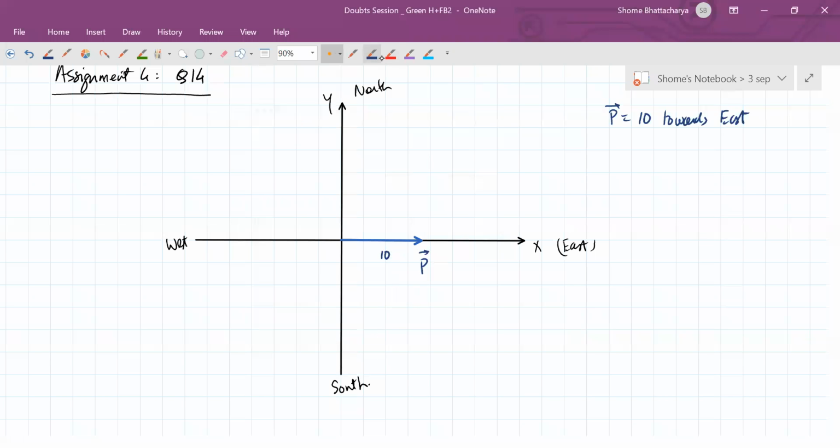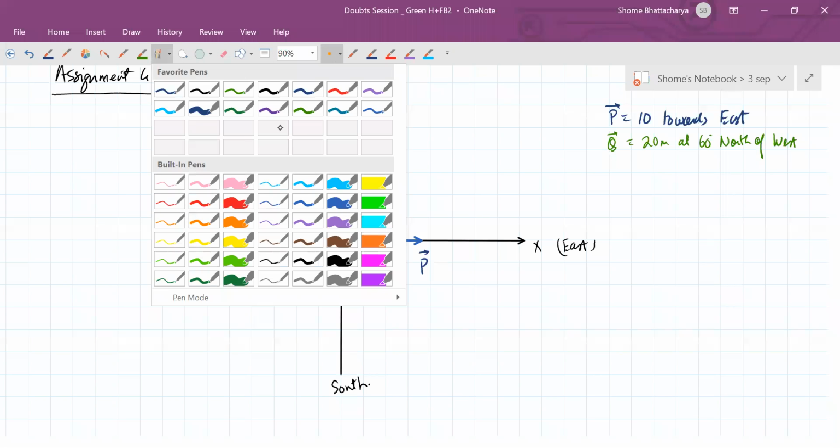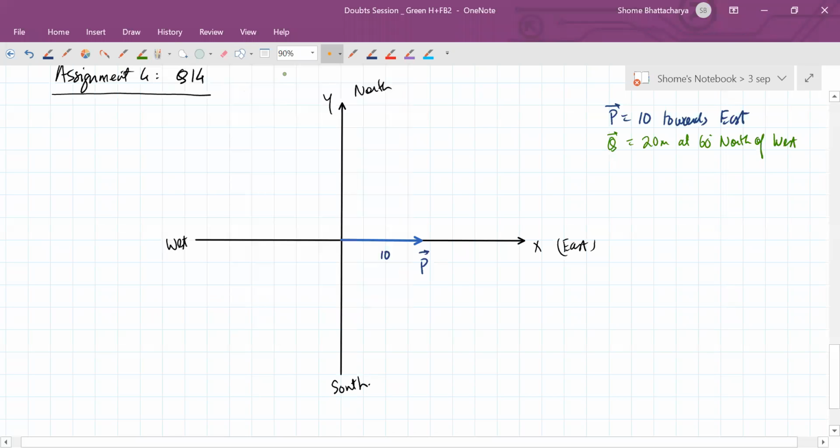Now similarly, it's telling us that the vector Q is 20 meters at 60 degrees north of west. So how will that vector look now? That vector will look something like this.